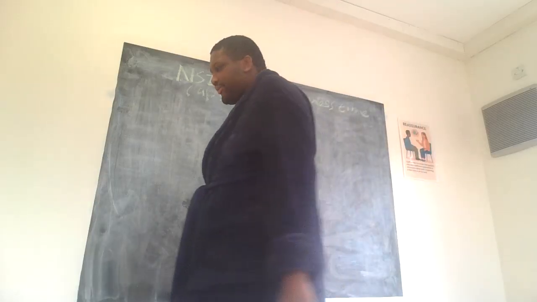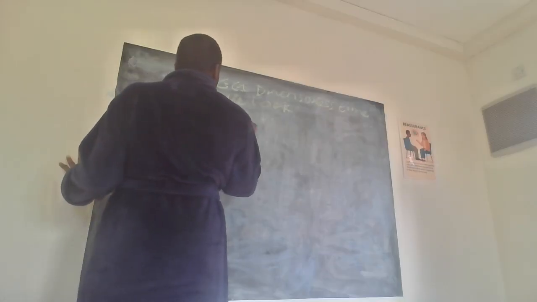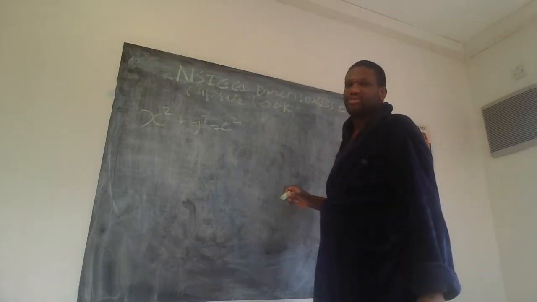You can have x squared plus y squared equals t squared, where t is the time and x is a point in space and time.